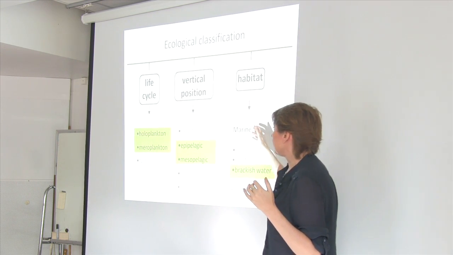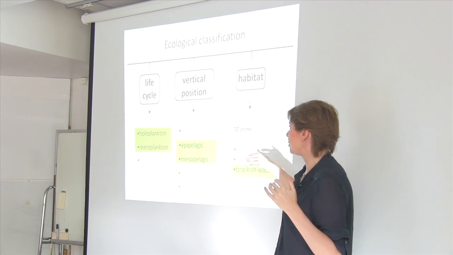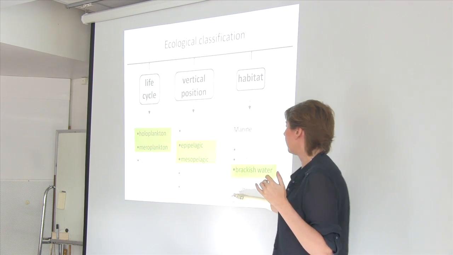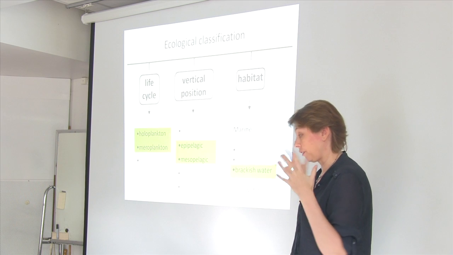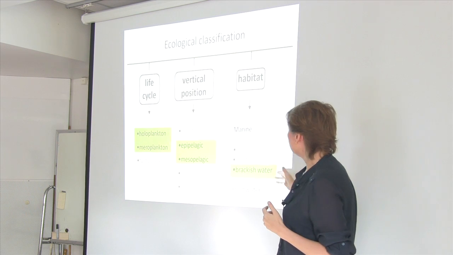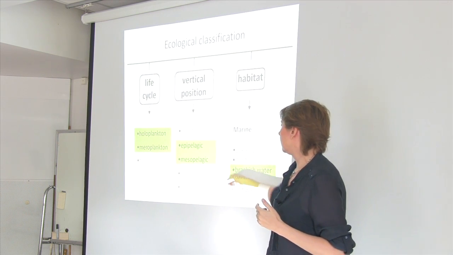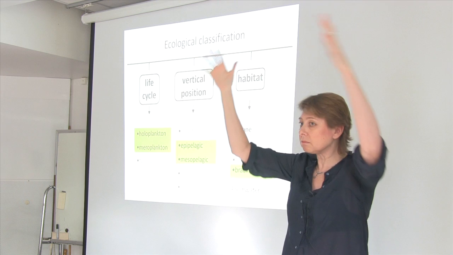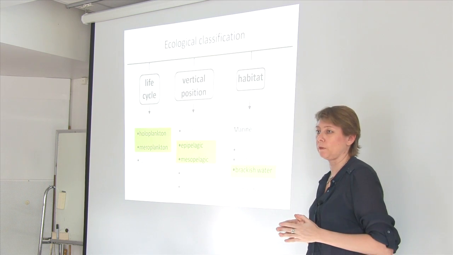And finally, we have the marine, which is oceanic, neritic, and brackish water plankton, and we have limnetic or freshwater plankton in general classification again. And here we are mostly having the brackish water plankton in the most part of the Baltic Sea.